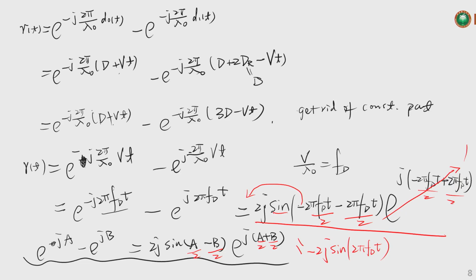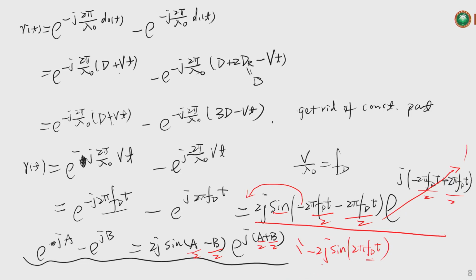So that means now we have the expression for the envelope of the fading. Okay, and it varies with a period related to the Doppler shift, the envelope, all right?